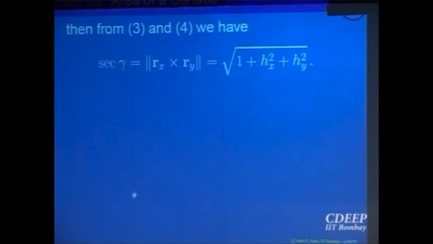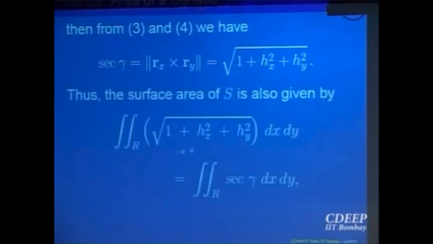So for explicit representation, when the surface is given by z equal to h(x,y), (x,y) belonging to the domain R, this is the surface area. It can also be written as the double integral of secant gamma. Don't think this is a constant. The angle at every stage is going to change. The normal is going to change. K is fixed, but the angle is going to change. It is going to remain an acute angle always. So that is another way of writing.